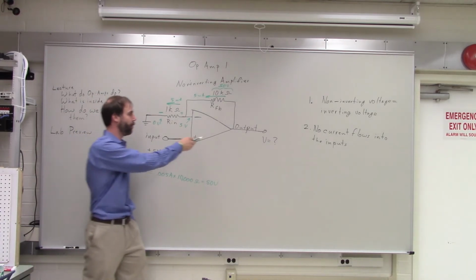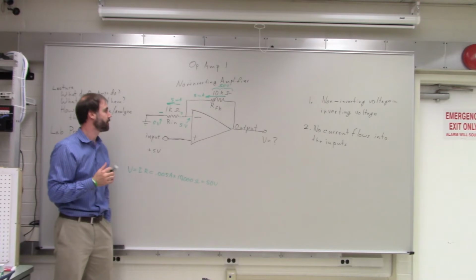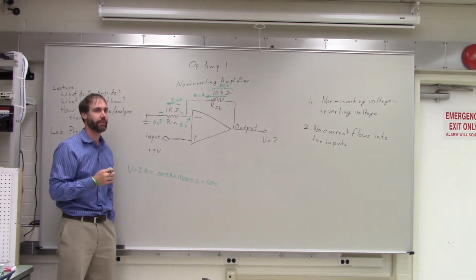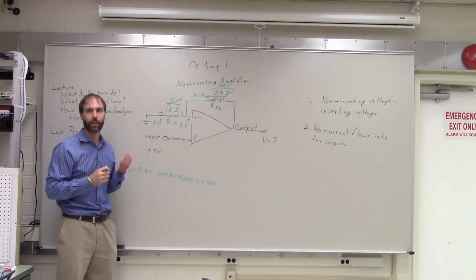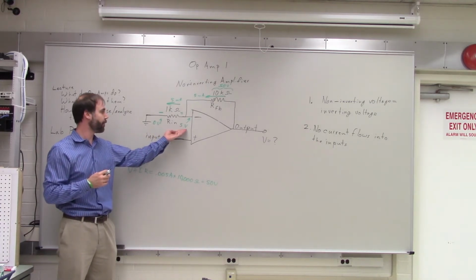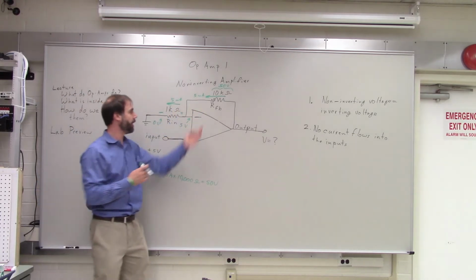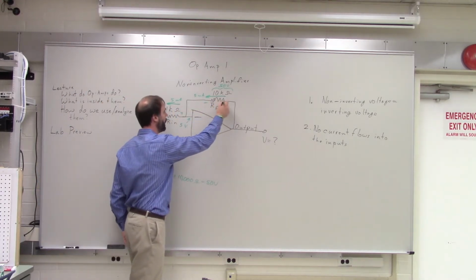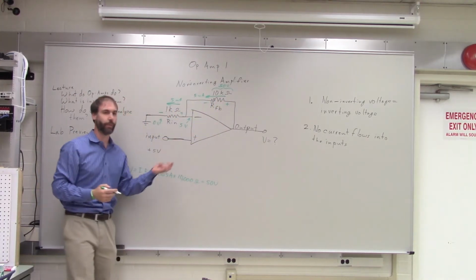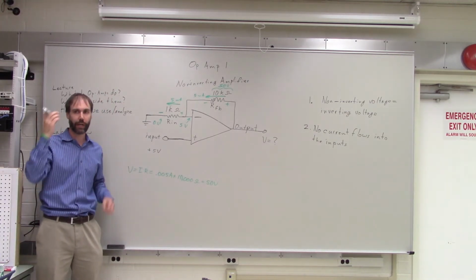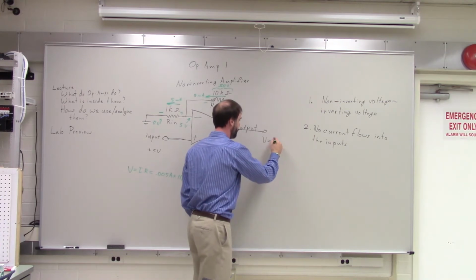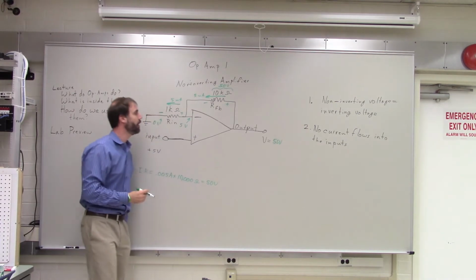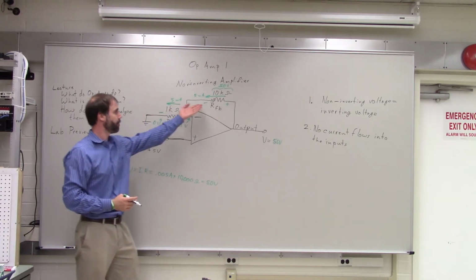Anybody tell me what the output voltage is? Well, we have 5 volts over here, and then we go up by another 50 volts. So what is it? 55, exactly. So the output voltage is 55 volts. And that's positive, right?